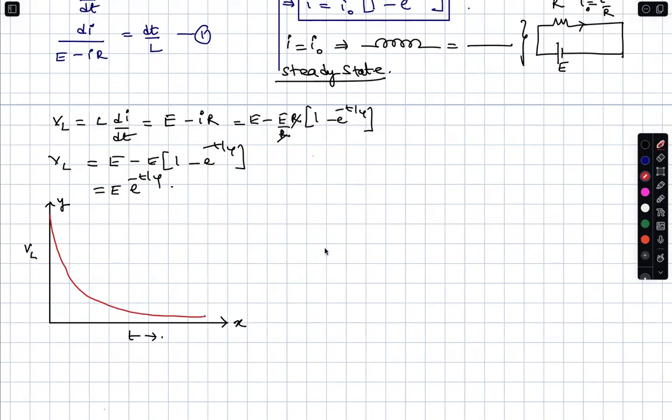That's how the graph behaves. Initially VL is equal to E, finally 0. The graph tends to 0 finally.